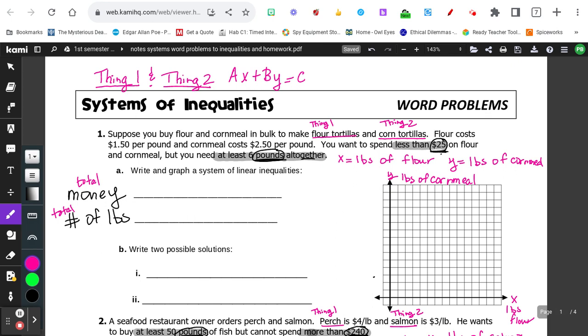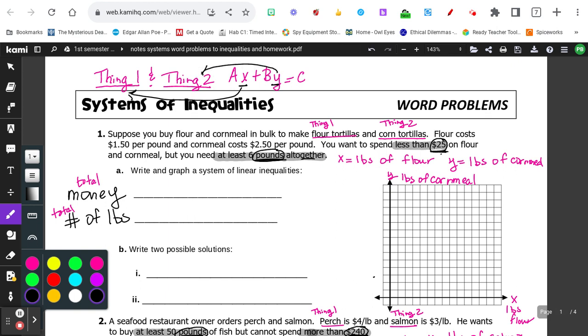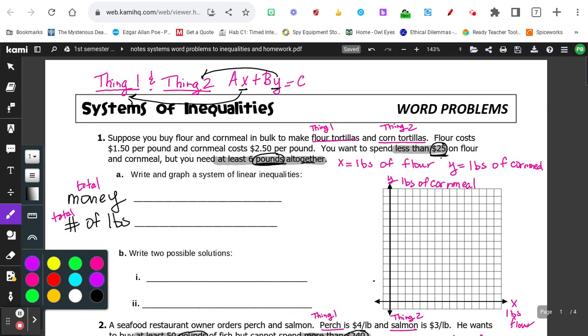And let me explain what each one of these letters mean. X will be represented by thing 1. Y will represent thing 2. The a, which is the coefficient of x, will be something dealing with thing 1. The b, which is the coefficient of y, will be something dealing with thing 2.